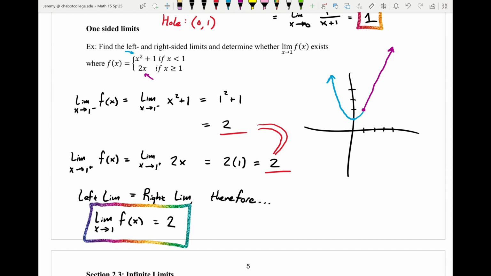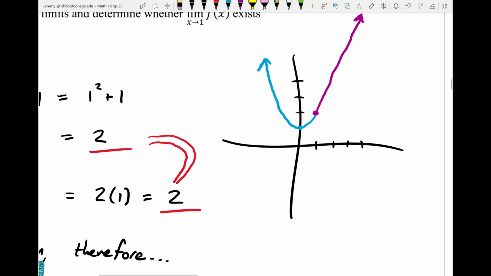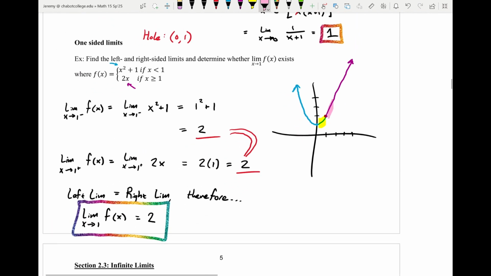But it turns out the linear function and the quadratic function both output 2 at x equals 1. So they line up, and now we can see visually, there's the left limit and the right limit. And we can see graphically, visually, they're both going to the same number. So this is what it looks like when the limit exists. Just kind of confirming what we found algebraically.